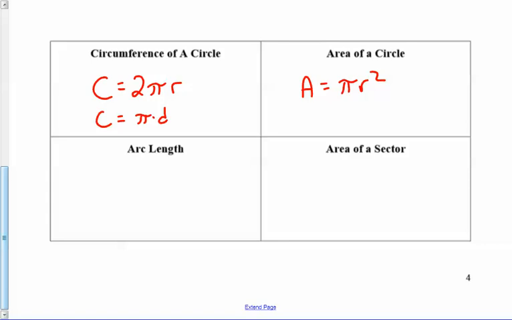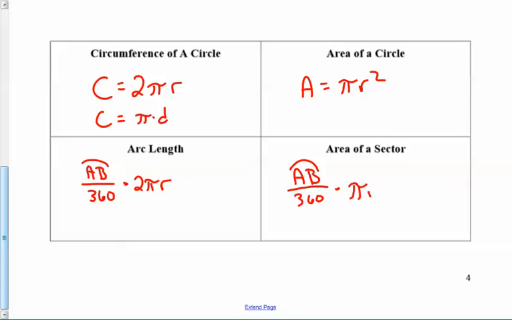Now the arc is a part of a circle. It's a fractional part of a circle. So if we have arc AB, you divide it by 360, and you'll have a fraction of the circle. You're going to multiply that fraction times the circumference, which is 2 pi r, and you'll have the arc length. Area of a sector is the measure of the arc divided by 360 multiplied by the total area.